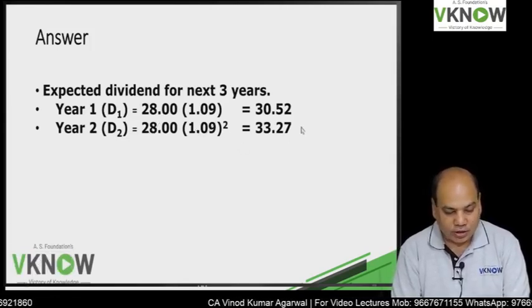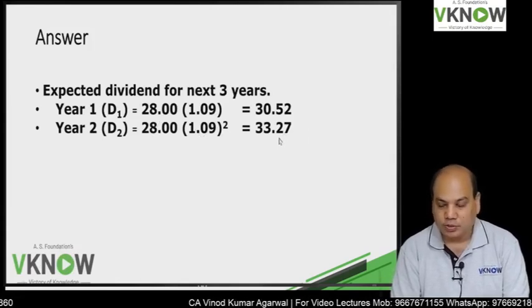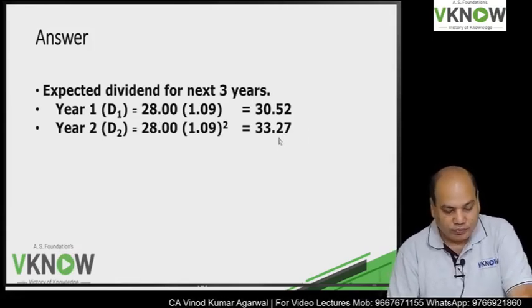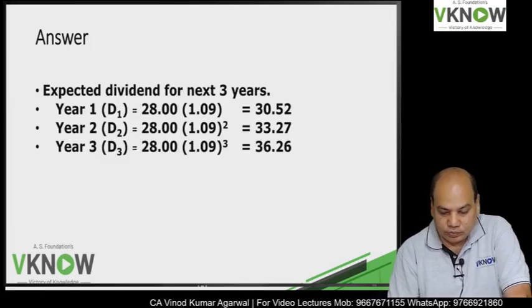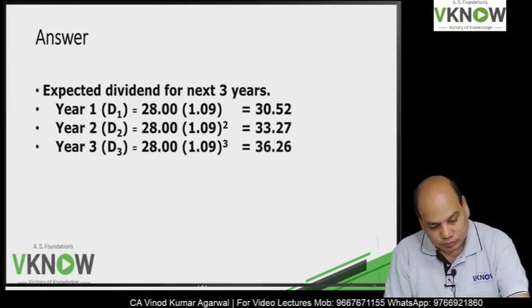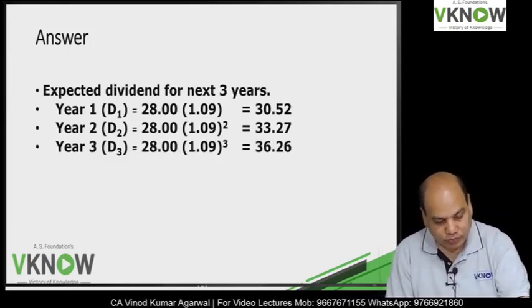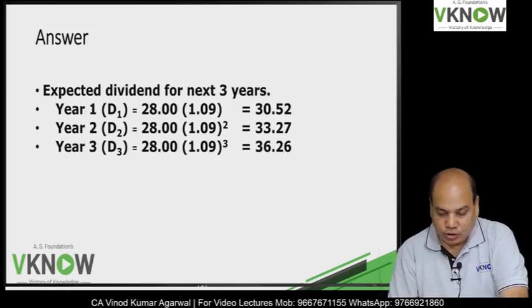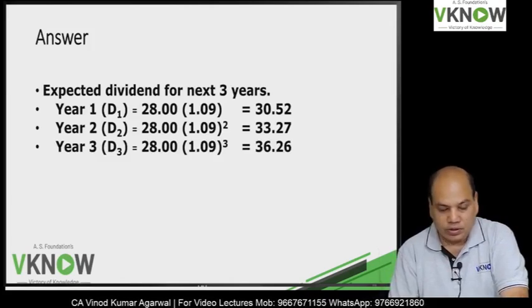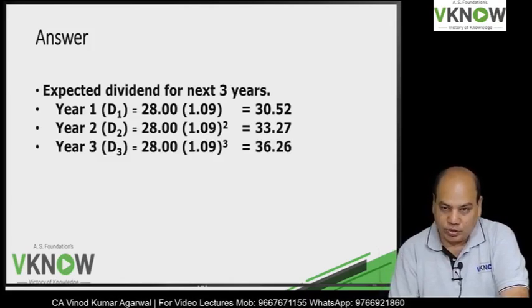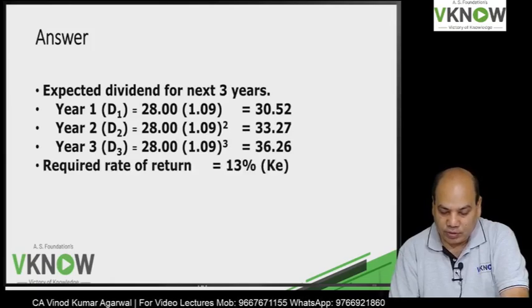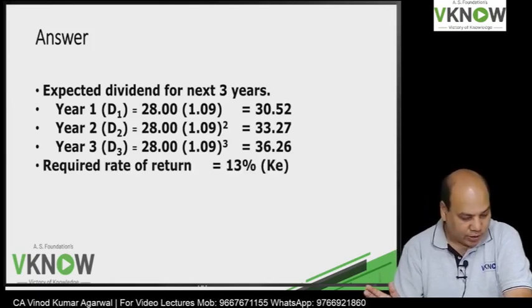So the second year expected dividend is 33.27. Check. Is it right? Year 3: 28 into 1.09 to the power 3, which is 36.26. And the price of the share is 720.